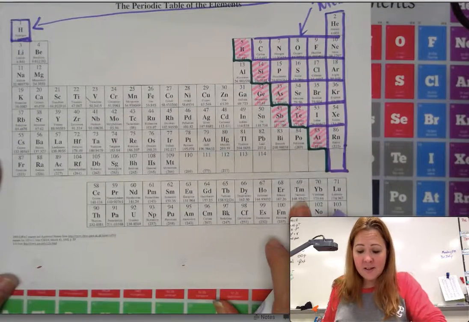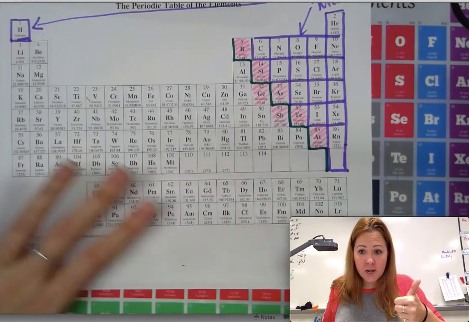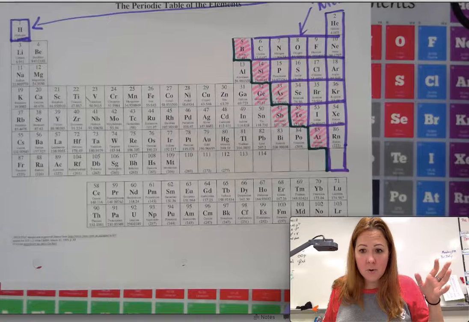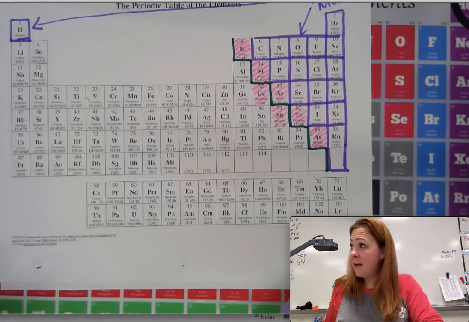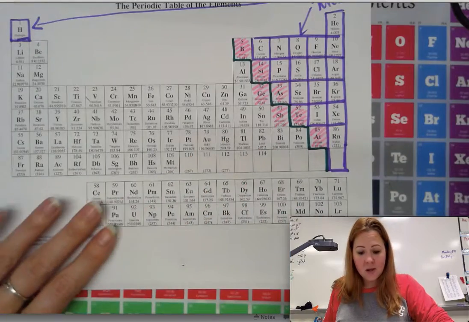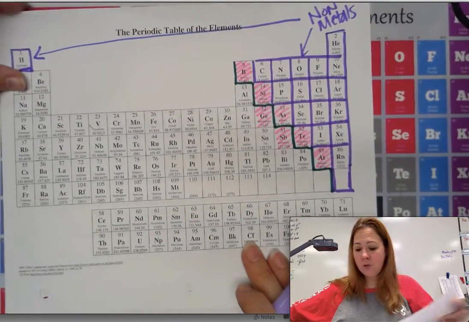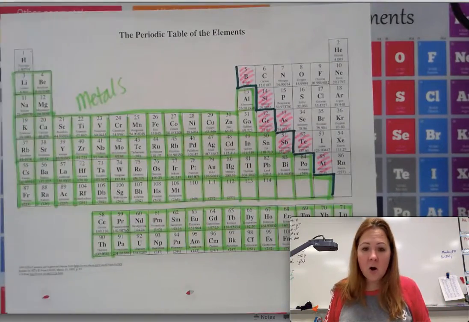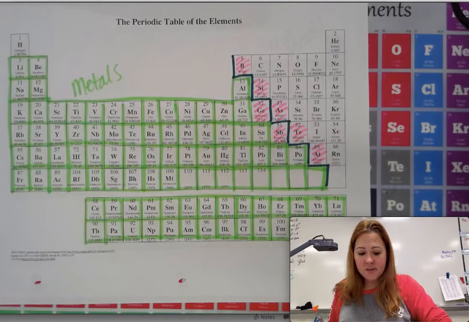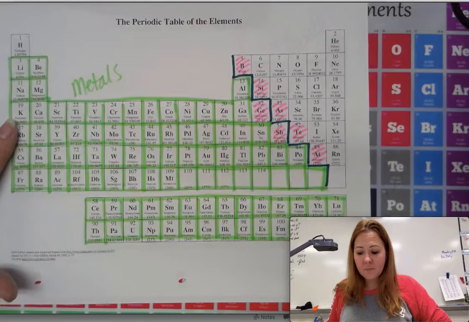Everything that's left on the periodic table here is shiny. They're conductors of heat and electricity. They are ductile and malleable. The majority of the elements on the periodic table are considered to be metals. So I used a green color, and I colored in all of my metals. All of these elements have similar characteristics.